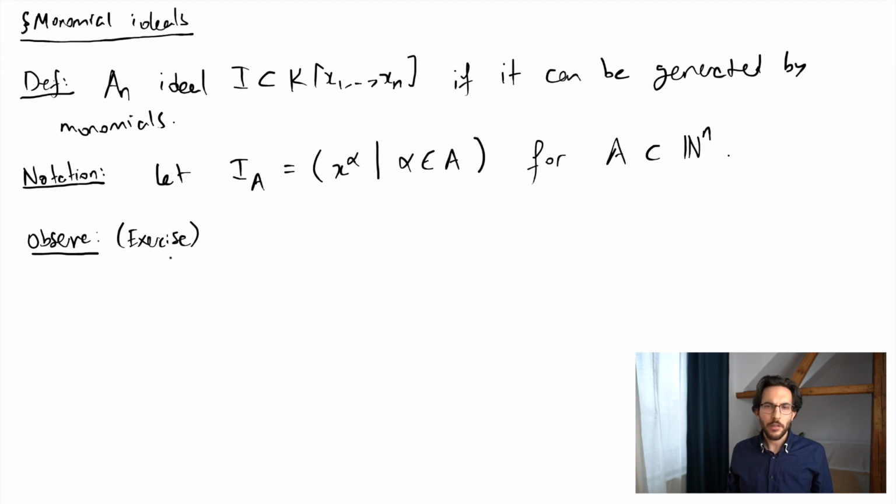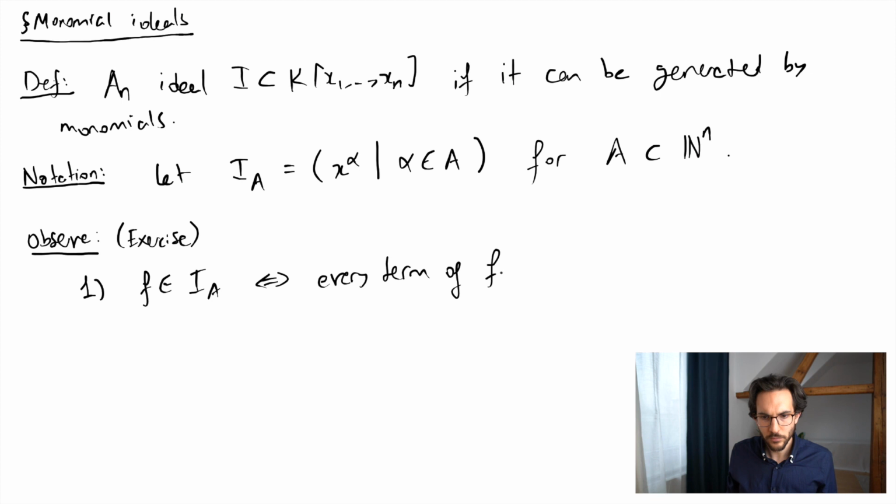So we make the following very simple observations about monomial ideals, and I leave it to you as an exercise to prove them. First of all, a polynomial is inside a monomial ideal if and only if every term of f is inside this monomial ideal. The next property says that any monomial is inside a monomial ideal if and only if one of your generators divides my monomial.